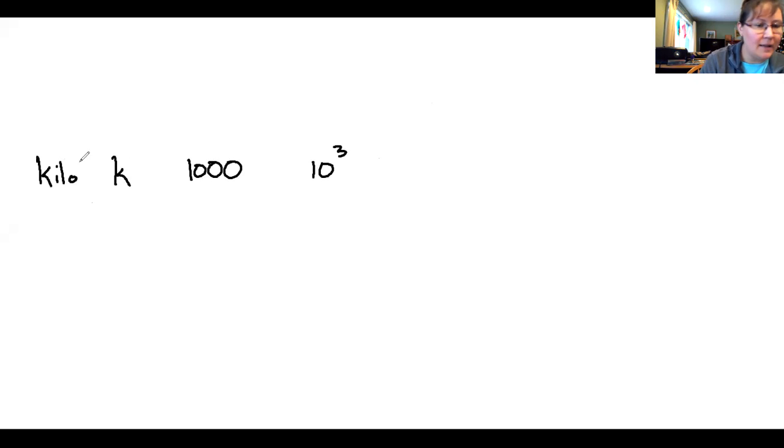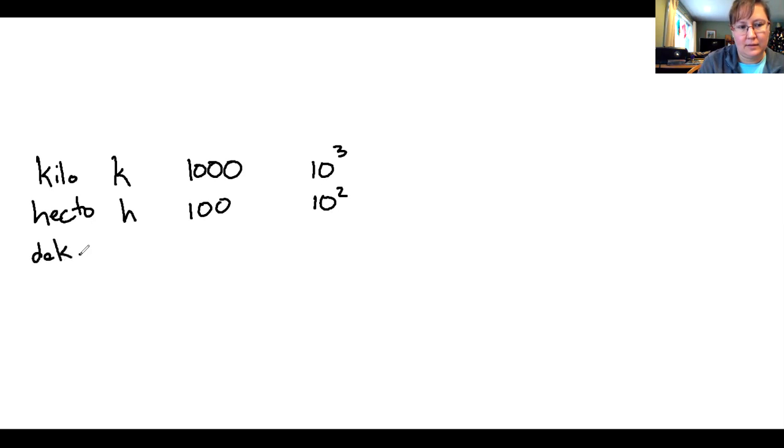Then we have hecto, and that gives us an H, and 100, and 10 to the 2. And then we have deca, DA, and 10, and 10 to the 1.